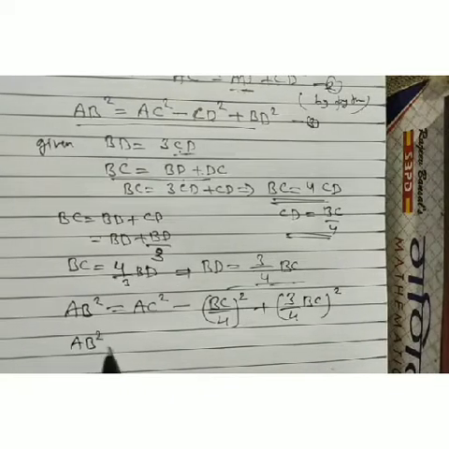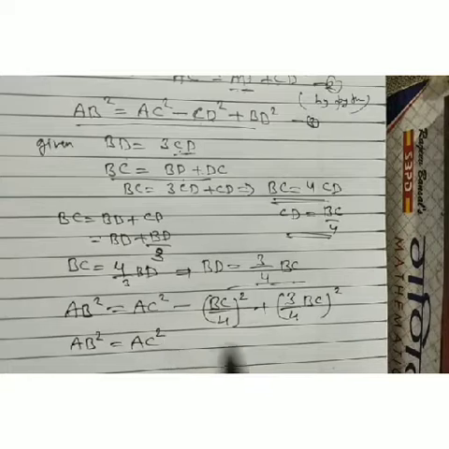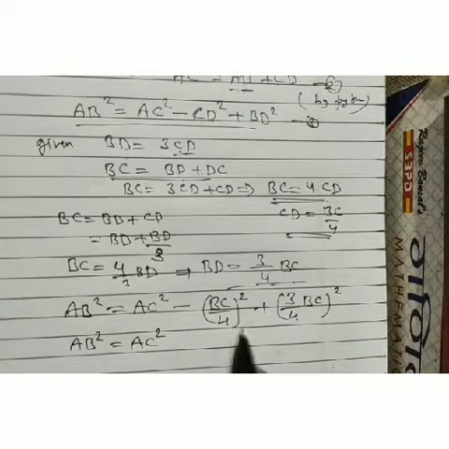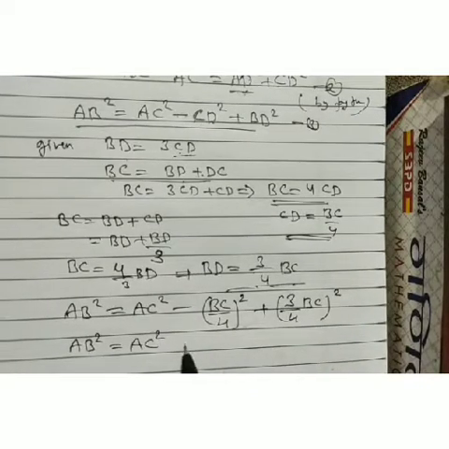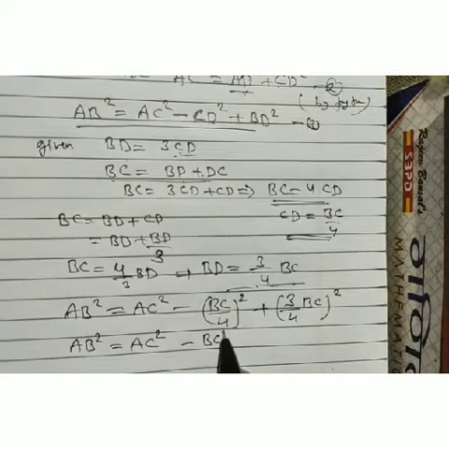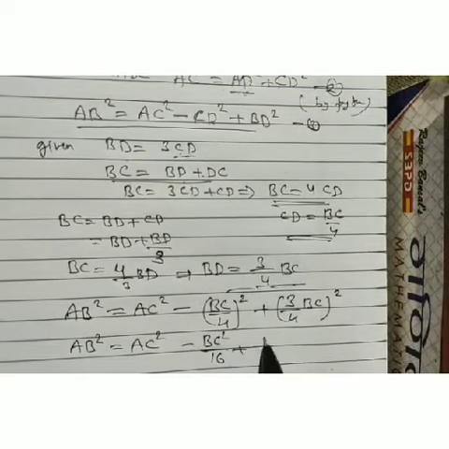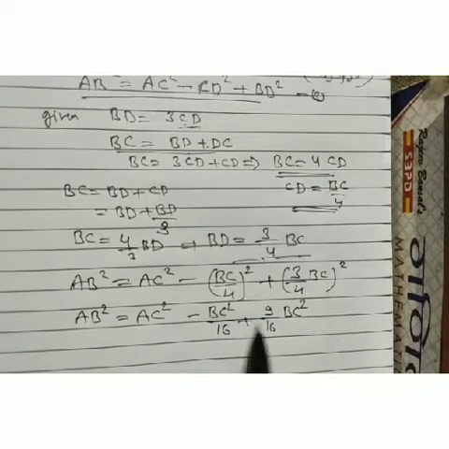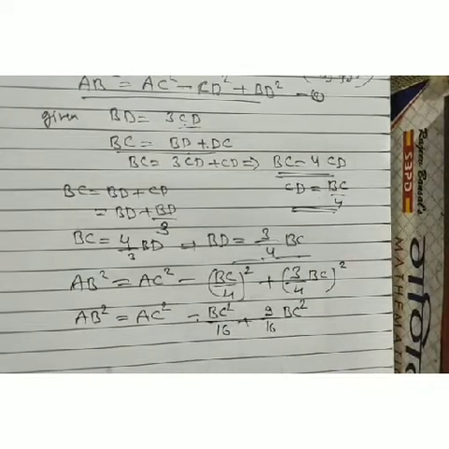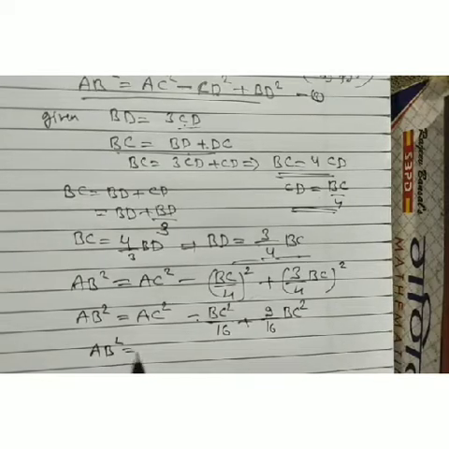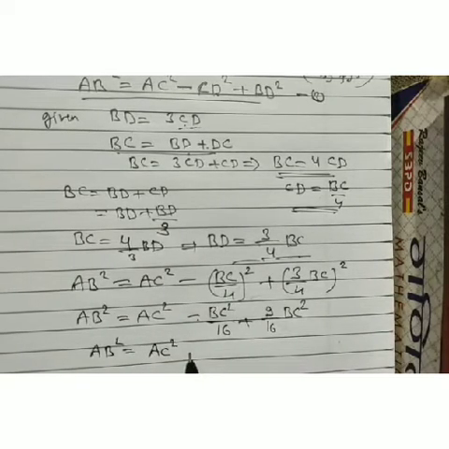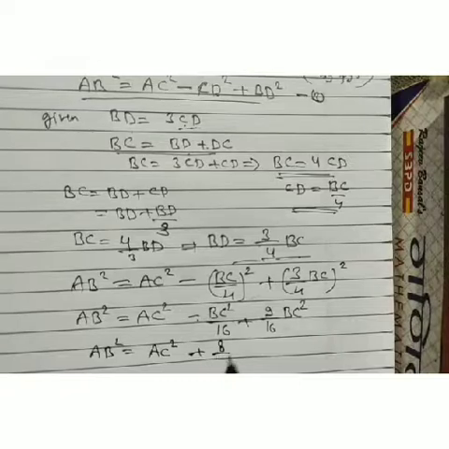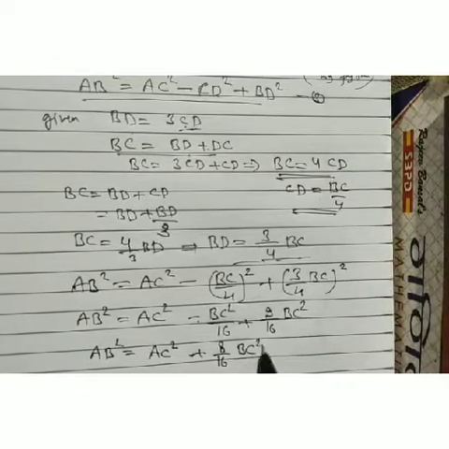AB square is equal to AC square minus BC square by 16 plus 9 by 16 BC square. When we solve it, 9 minus 1 is 8 by 16. Then we get AB square equal to AC square plus 8 by 16 BC square.